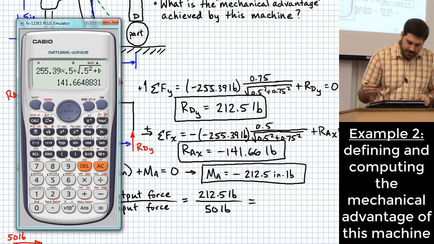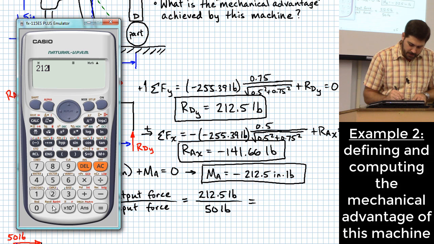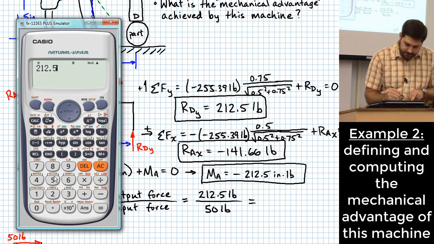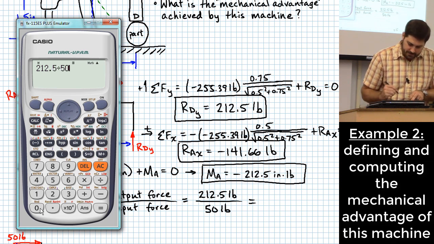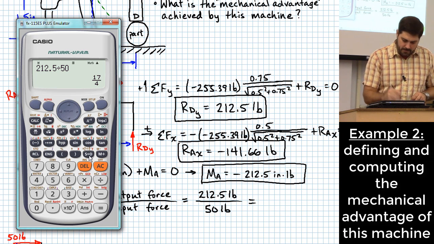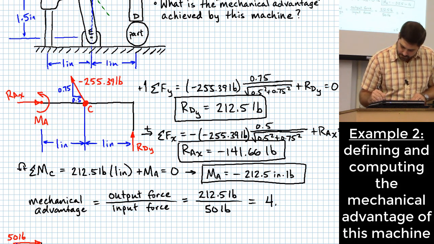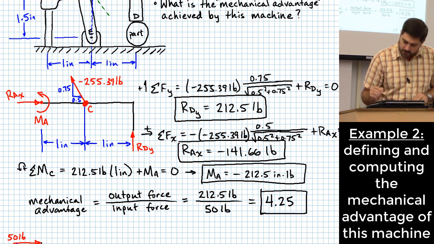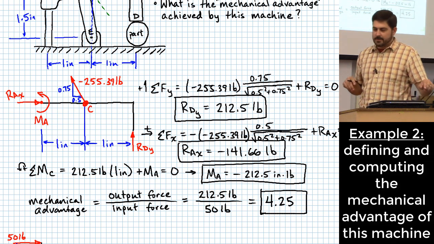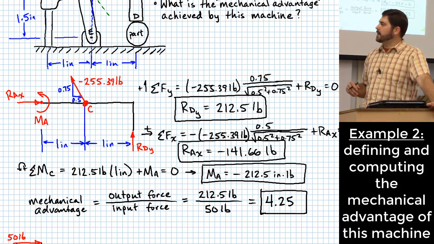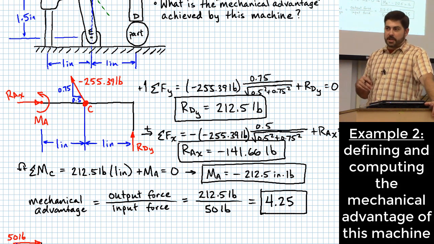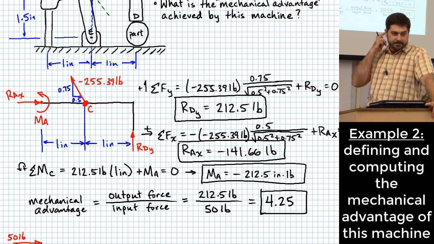So my mechanical advantage is going to be equal to 212.5 divided by 50. And that would just be 4.25. Question was, are there any units for mechanical advantage? No, it's just a ratio. So it is a unitless quantity.